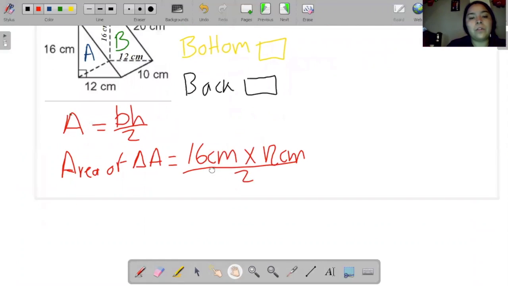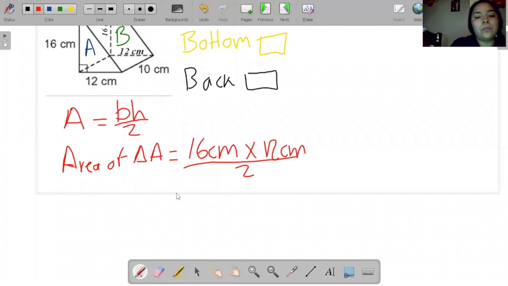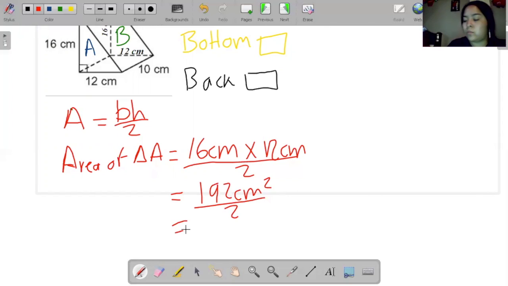So this is equal to 192 centimeters square divided by 2, that is equal to 96 centimeters square. So the area of triangle A is 96 centimeters square.